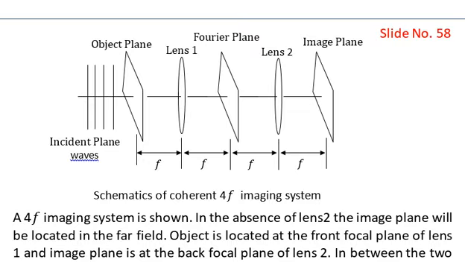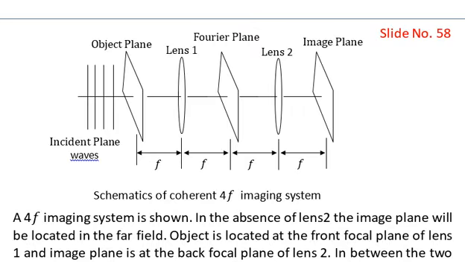There is a Fourier plane located at the back focal plane of lens L1, so there is a distance f between the Fourier plane and lens L1. We have placed another lens L2 in such a way that the Fourier plane is located at the front focal plane of lens L2.